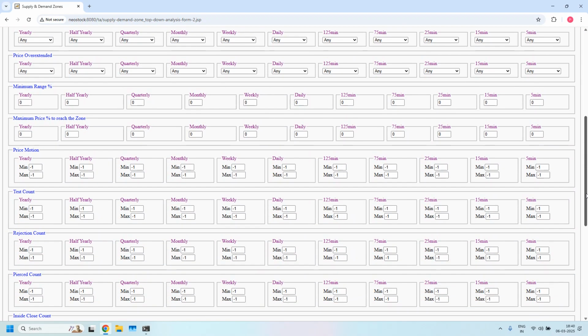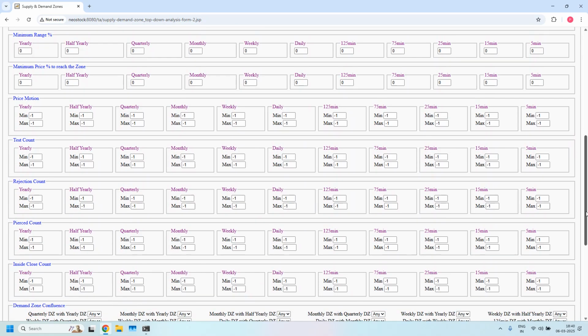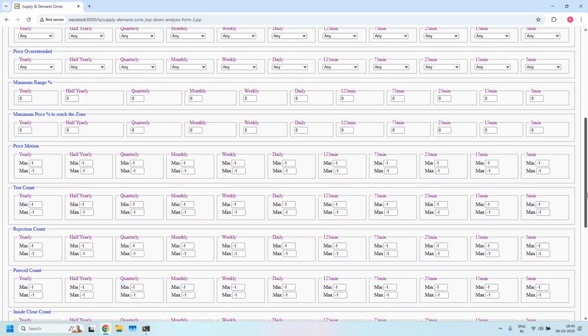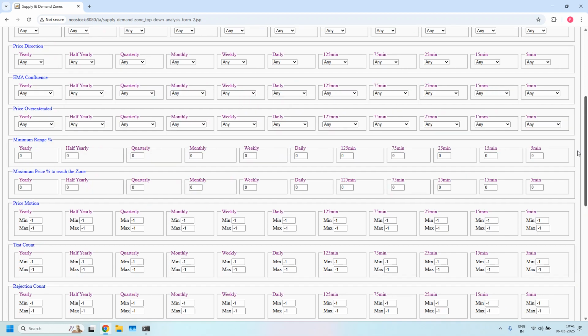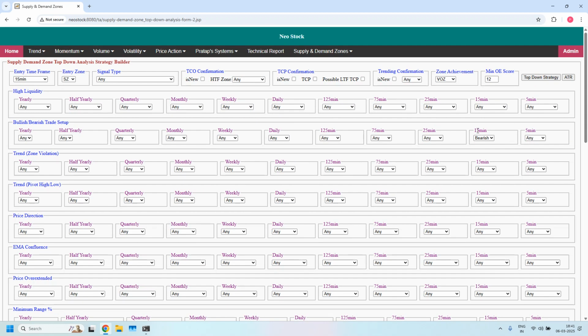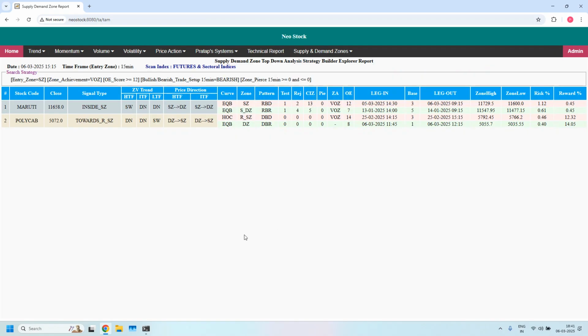And pierced count at 5 minutes time frame, 15 minutes time frame, minimum value I am setting 0, maximum value I am setting 0. So this is the way we can generate bearish trade setup supported stocks.